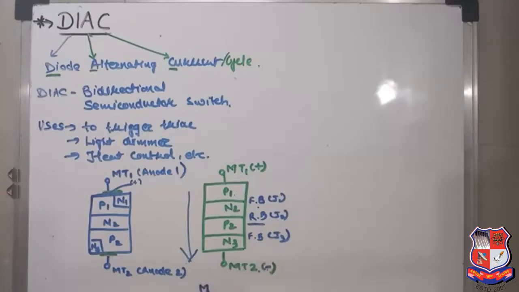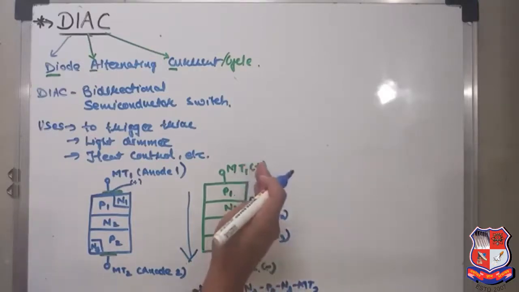What is the direction of current flow? Like this: from MT1 through P1 to N2 to P2 to N3 to MT2.